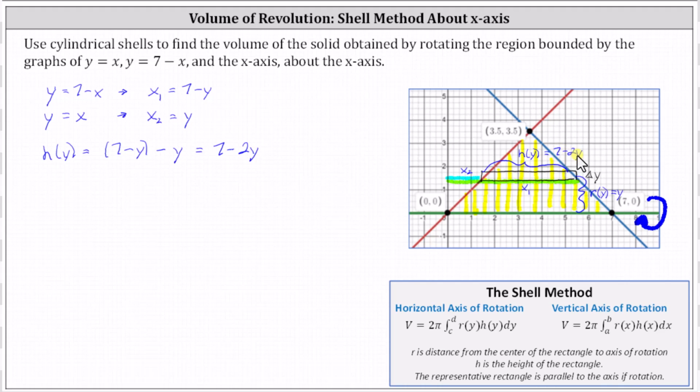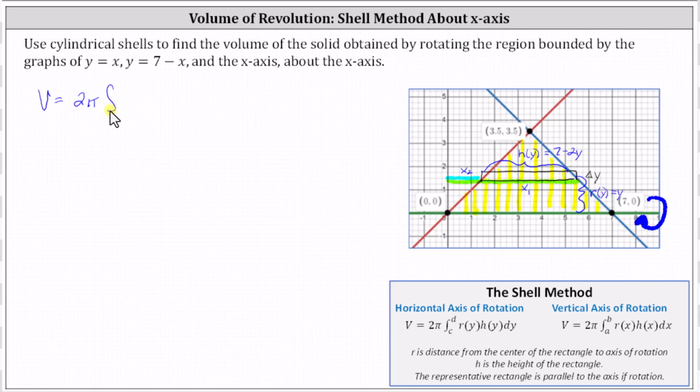Now that we have r of y, the distance from the center of the rectangle to the axis of rotation, and h of y, which is the height of the rectangle, both as functions of y, we can now set up the integral that will give us the volume of the solid when the region R is rotated about the x-axis. The volume V is equal to 2 pi times the integral.